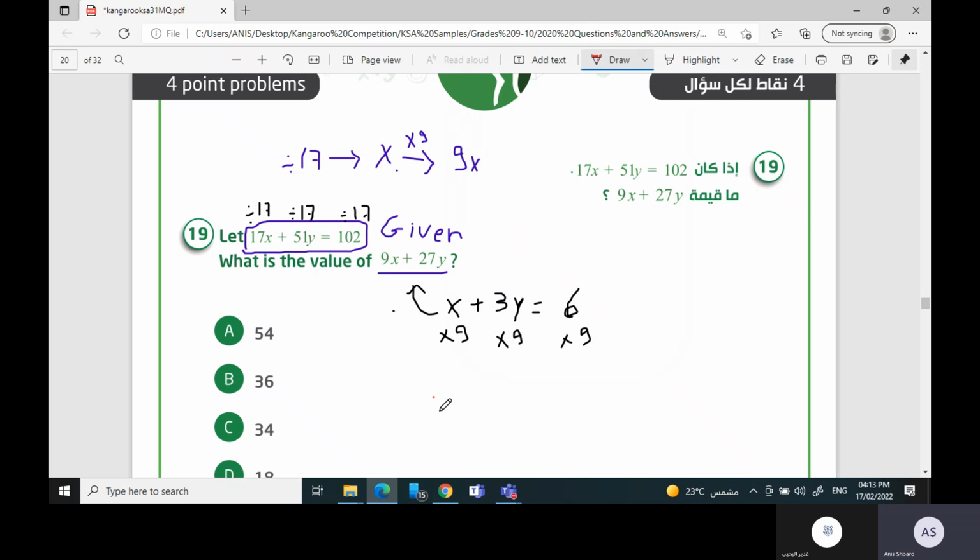So x multiplied by 9 is simply 9x, plus 3y multiplied by 9 is 27, 3 times 9 is 27, and y. I'm going to repeat the same remark: please don't forget the y. It's equal to 6 multiplied by 9, which is 54.